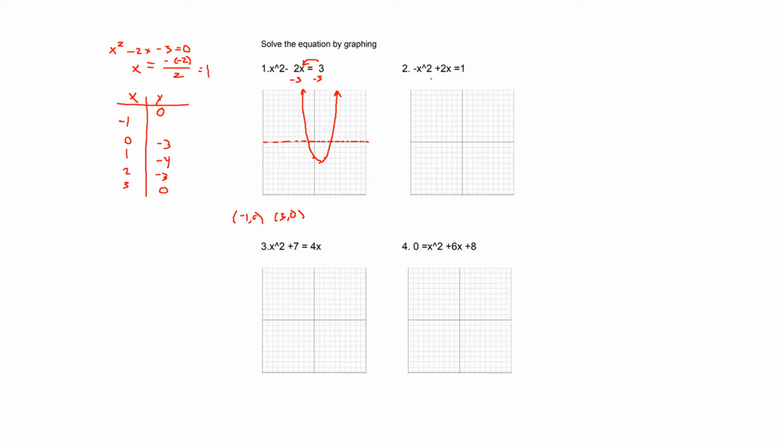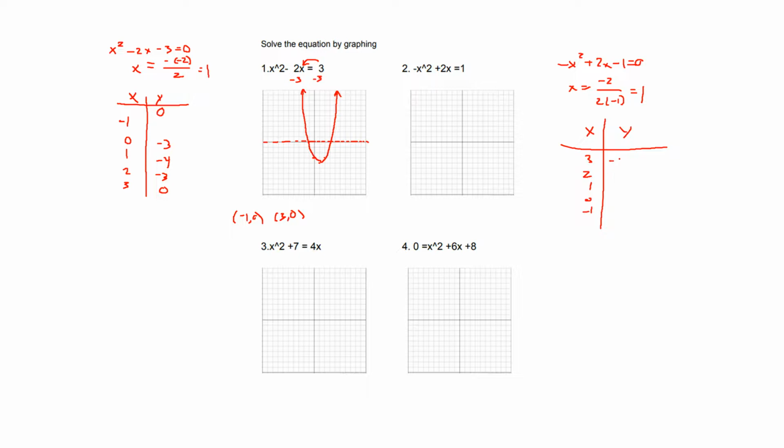Number 2, we have negative x squared plus 2x minus 1 equals 0. Axis of symmetry, negative 2 over 2 times negative 1, so it's just 1. Do a sign chart here, or just a little table of our values.